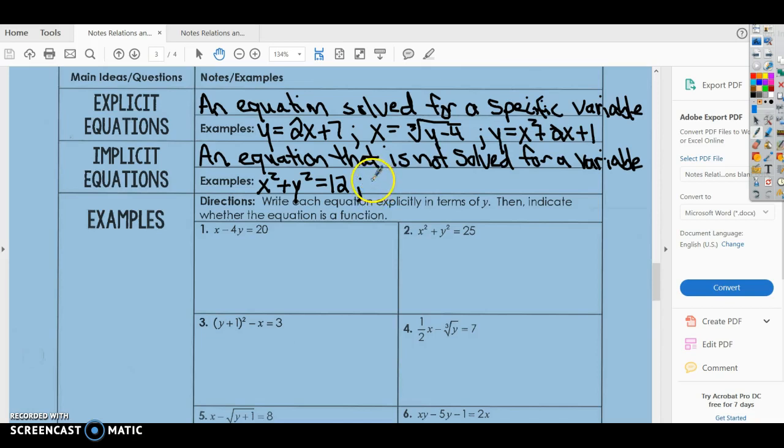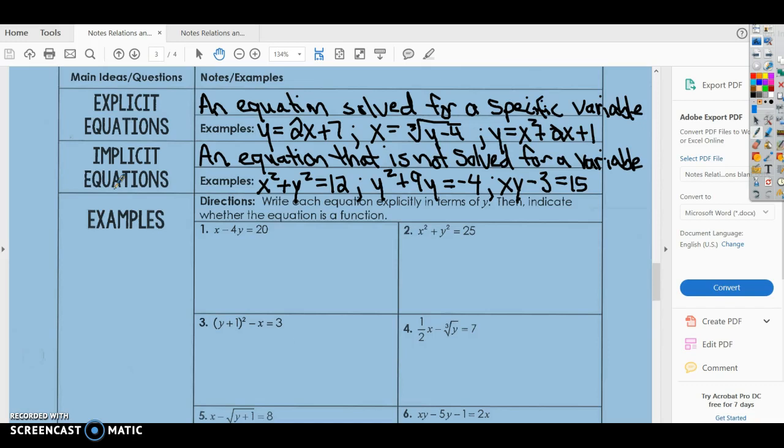Another example may be y squared plus 9y equals -4. Another example could be x times y minus 3 equals 15. So you can see the difference. Explicit, the one variable equals something else. Implicit, you got more than one variable on the same side.